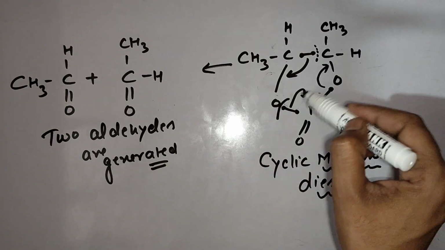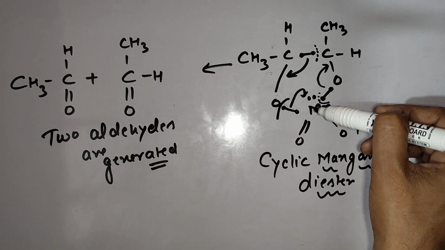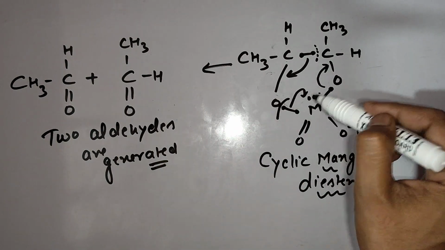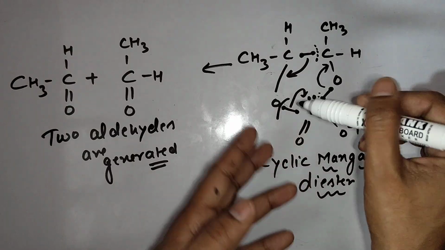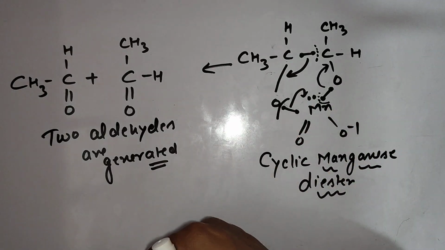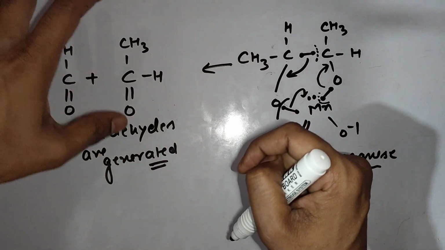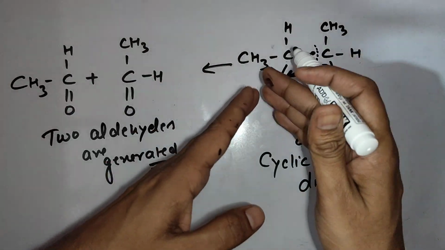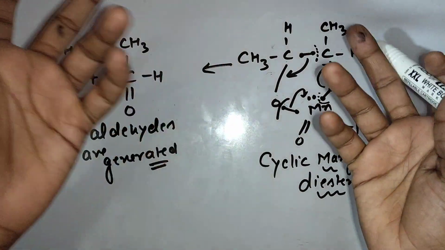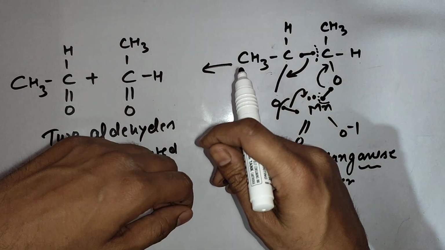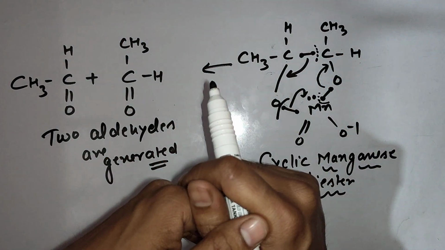And what will the oxidation state of Mn be here? Try by yourself. Count the number of electrons coming and how many electrons are going, and check the oxidation state of Mn. This is the mechanism. Now here two aldehydes are generated. Depending on the type of alkene, ketones can also be generated. Different aldehydes can generate. Two ketones can be generated.